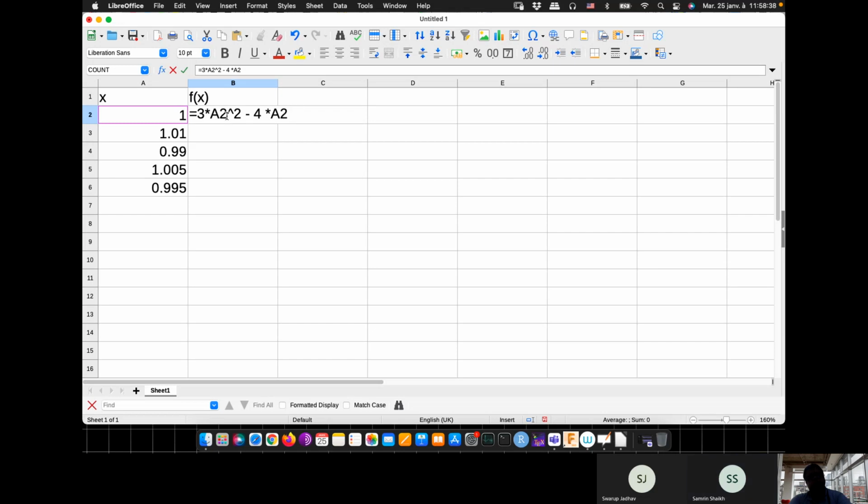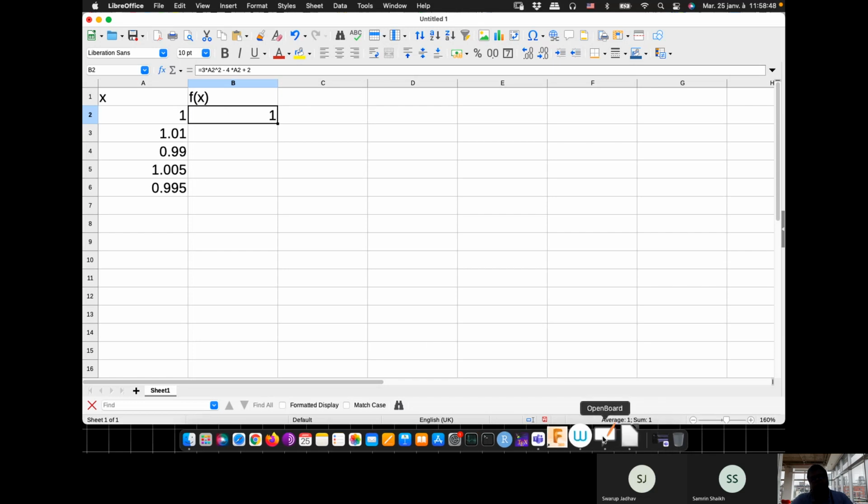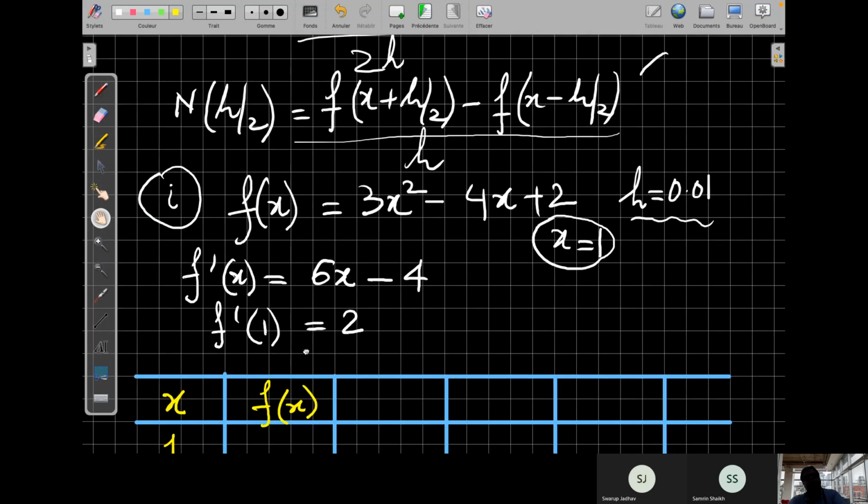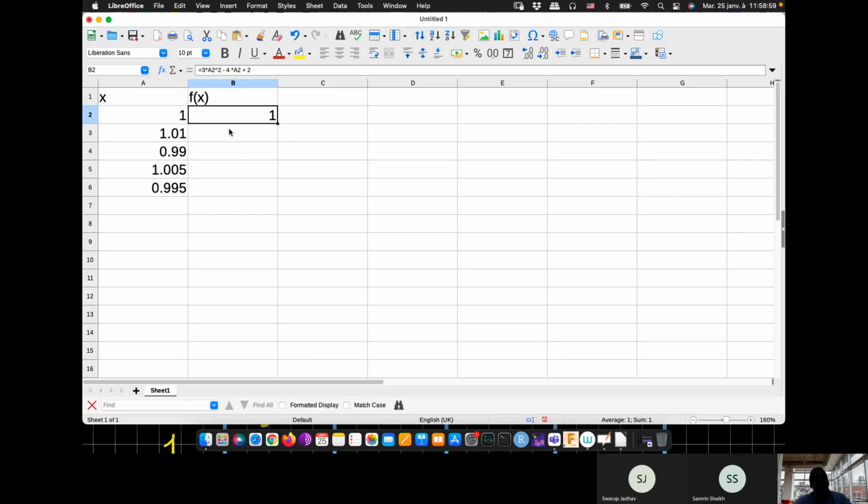Yes, sir, plus 2. Let me just check again: 3x square minus 4x plus 2. This is how it is. Fine. If I have put the formula here, I just have to drag the formula. So there you are, you have calculated f(x plus h) and f(x minus h).